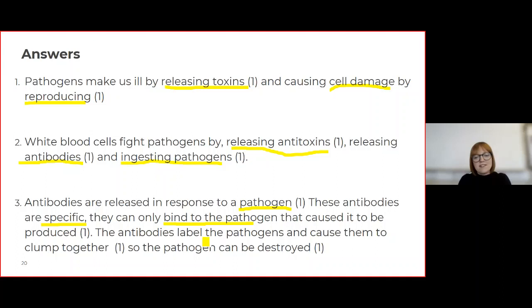The antibodies label the pathogens and cause them to clump together, and then finally the pathogen can be destroyed by the phagocyte actually engulfing it. Okay, so much more detailed answer there. That's the sort of level that you want to get to then in terms of your knowledge about how white blood cells fight off pathogens.